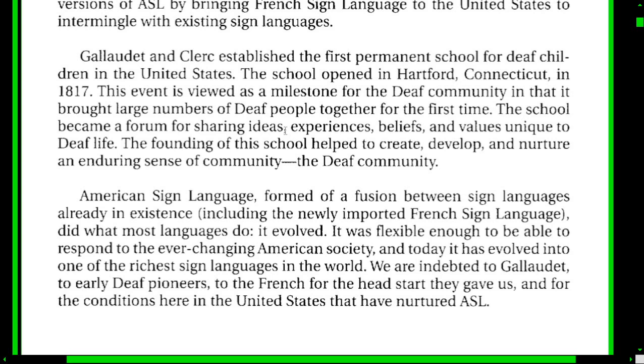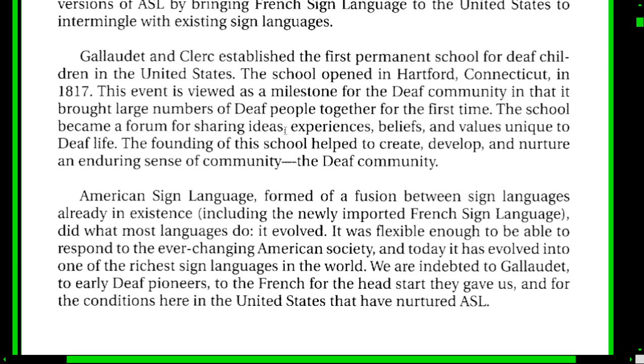This school became a forum for sharing ideas, experiences, beliefs, and values unique to deaf life. The founding of the school helped create, develop, and nurture an enduring sense of community. American Sign Language formed as a fusion between sign languages already existing, including the newly imported and improved French Sign Language.